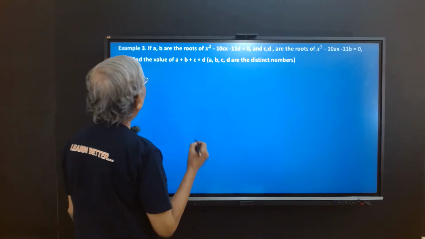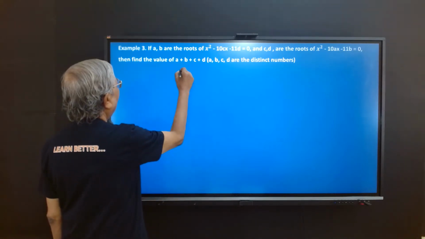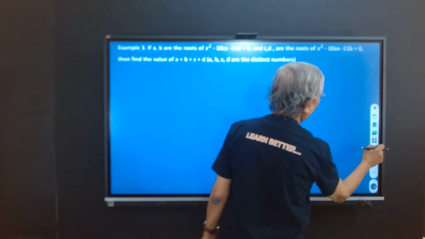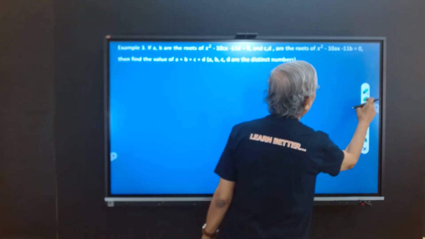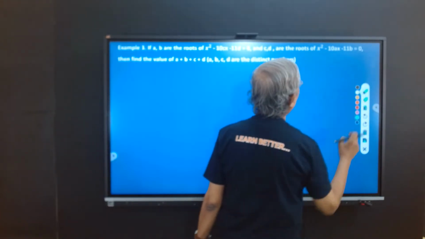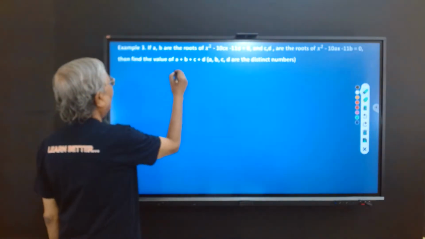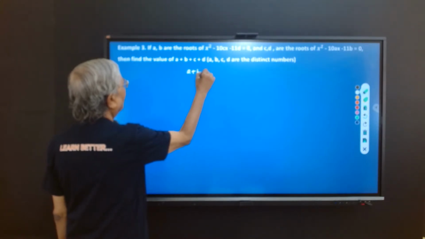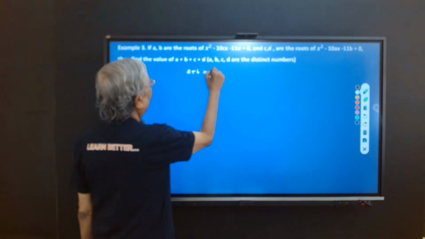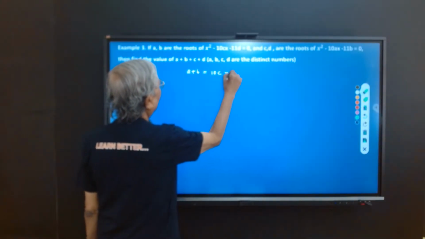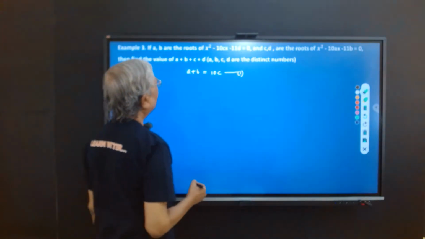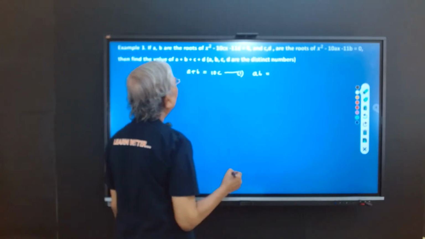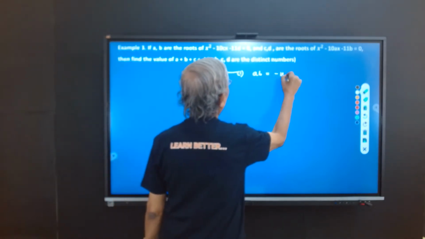So you can write a plus b equals to 10c, equation number 1, and ab is equal to minus 11d.